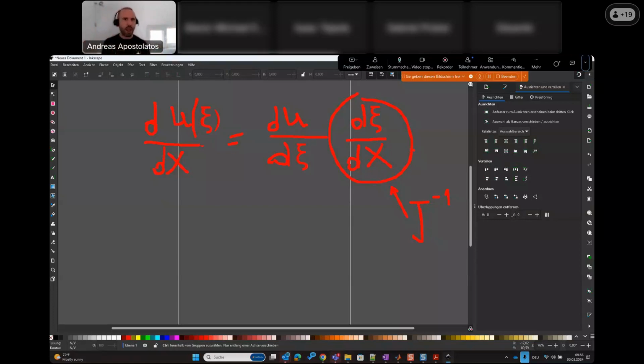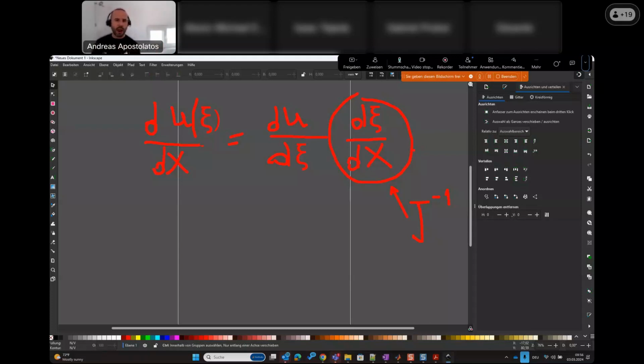That's how it is. And this change in the length is described by the Jacobian. In this case, we need the inverse, of course, because you see it's d psi over dx, and we need to do dx over d psi to get the Jacobian. So we are using the inverse of the Jacobian to transform the derivative from the physical space to the parametric space.